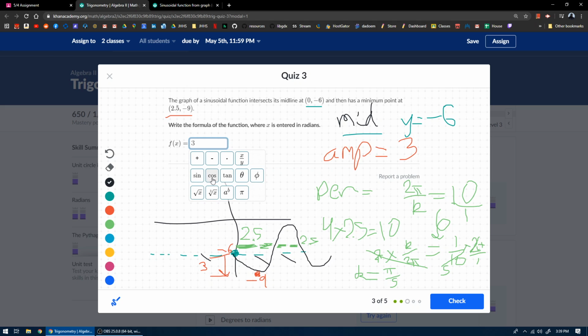Is it sine or cosine? You remember, sine looks like this, cosine looks like this for one cycle. Sine starts at 0, cosine starts at the top. It doesn't make sense for it to be cosine. You see how this graph looks like sine? So it is actually sine, and this is just based on my thinking.